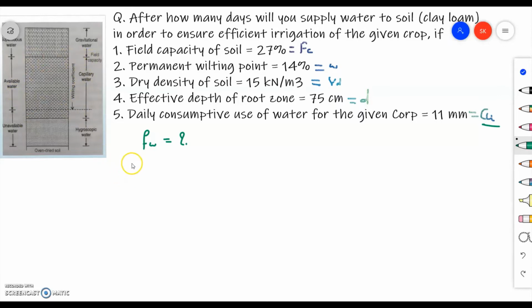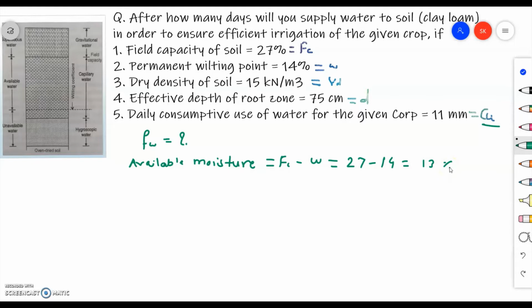So the available moisture is equal to FC minus wilting point, that is field capacity minus wilting point. We know both terms: field capacity is given, which is 27%, and wilting point is also given, which is 14%. So we'll get 13% as the available moisture.